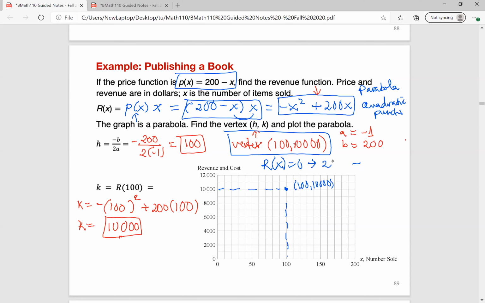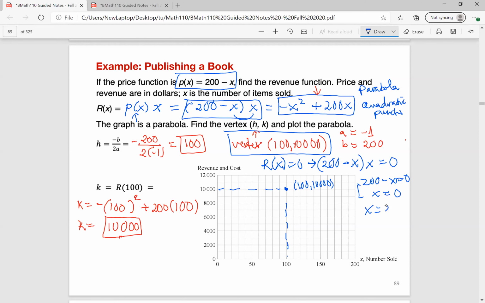You're going to have (200 minus 4x) multiplied by x equal to 0. Then use the zero factor property. You will have 200 minus 4x equals 0 or x equals 0, and then you will have x equal to 50 or x equal to 0.